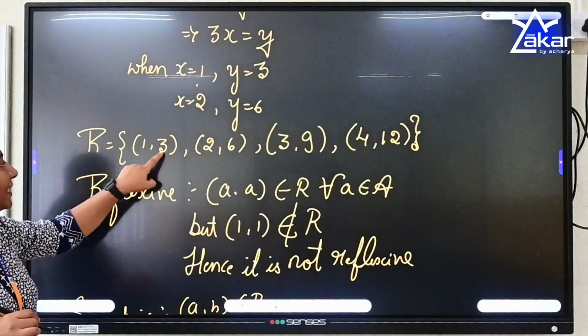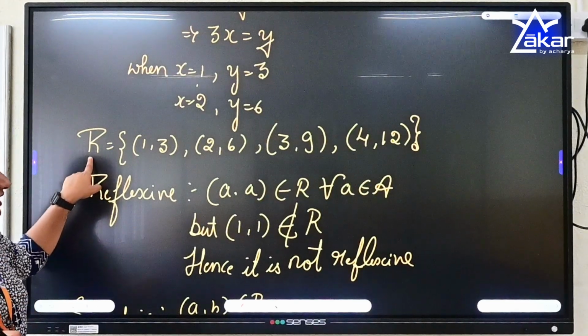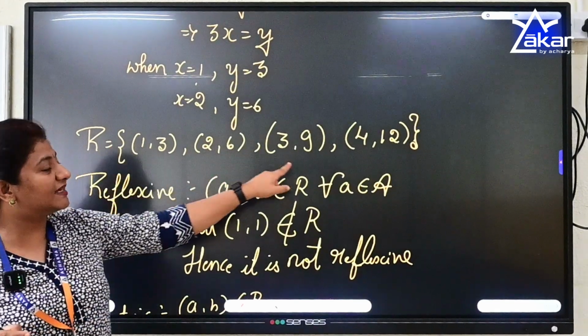Now, a comma b is belonging to R. Now, check. Is 3 comma 1 present in R?